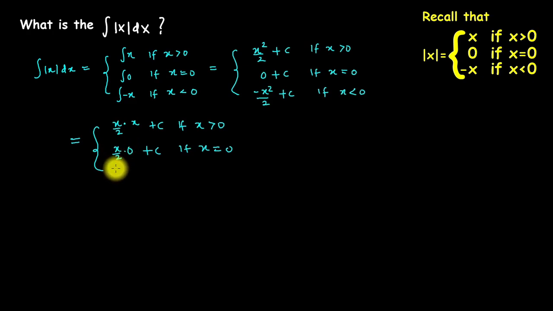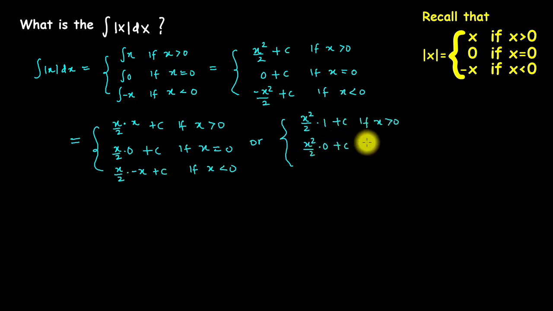And I can write this as x over 2 multiplied by negative x plus c if x is less than 0. Or I can write this as x squared over 2 multiplied by 1 plus c if x is greater than 0, x squared over 2 multiplied by 0 plus c if x equals 0, and x squared over 2 multiplied by negative 1 plus c if x is less than 0.